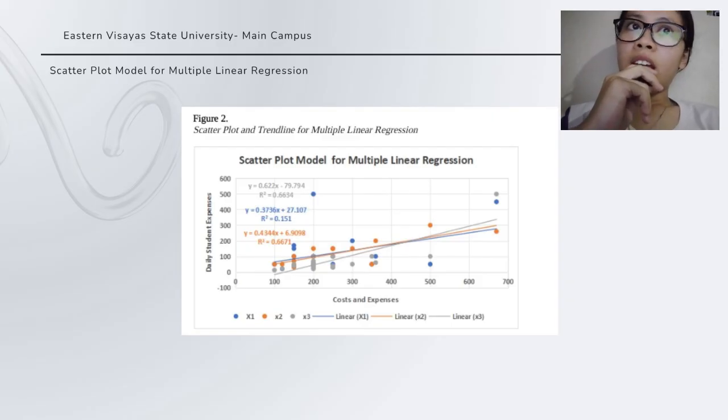So all three independent variables have positive slopes, meaning as cost increases, daily expenses also increase. So the coefficient of determination, or the r squared na naka-indicate below at an equation, shows the percentage of variance in daily expenses explained by that specific variable.